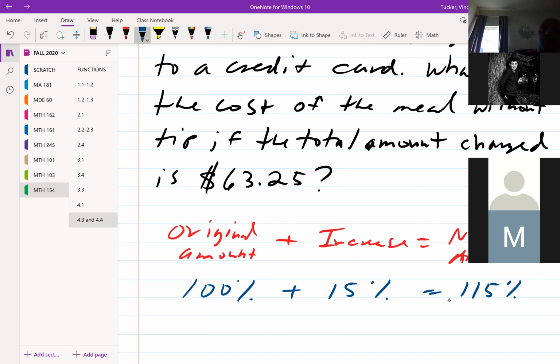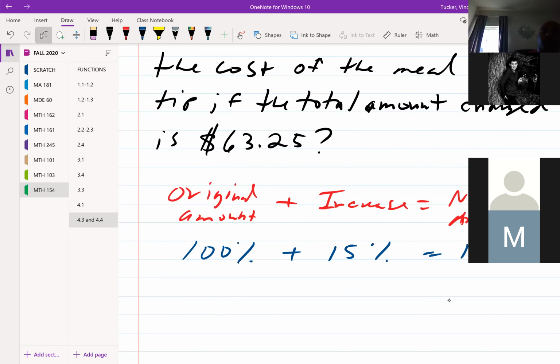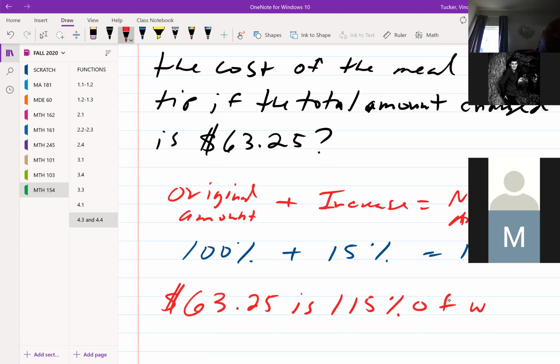All right, everybody okay so far? So if I were to write that word-wise, $63.25 is 115% of what?